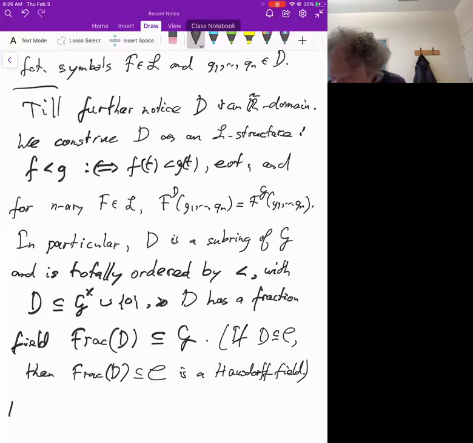Now an example. Since R tilde is o-minimal, we have its Hardy field of germs of definable functions, and that is now an example of an R tilde domain.